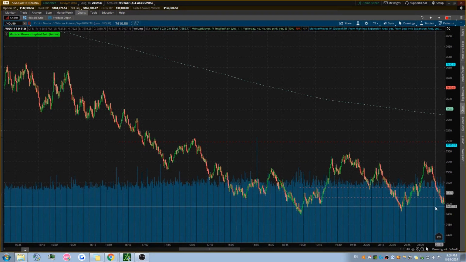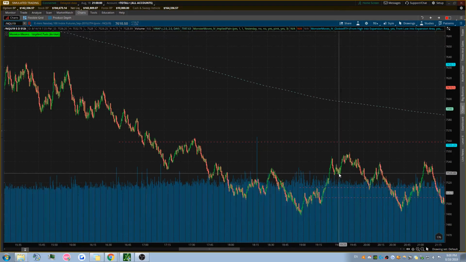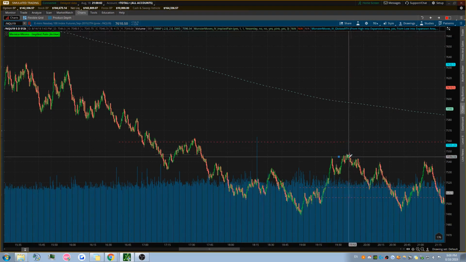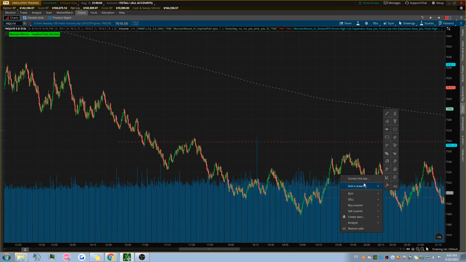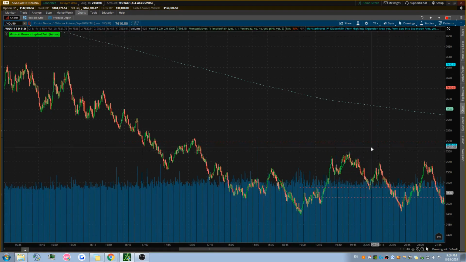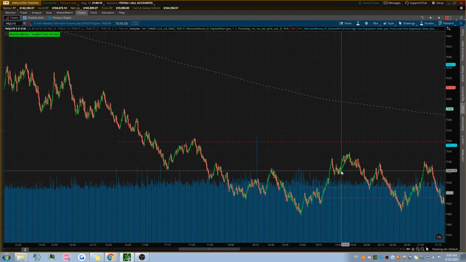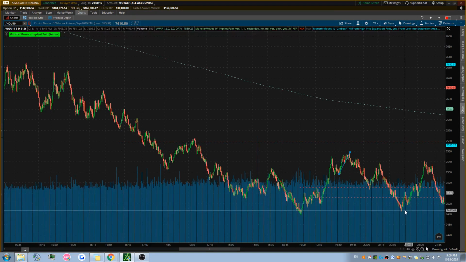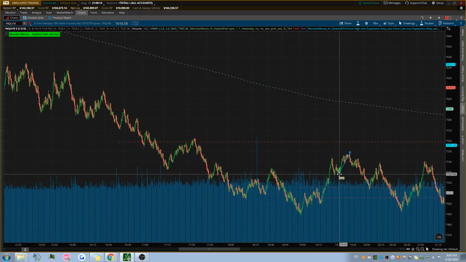Made a new leg. Lost it. So what I was looking at here is, since you broke this, this isn't necessarily a leg, but what happened here is this went down to there.